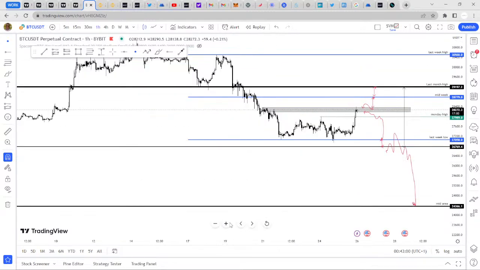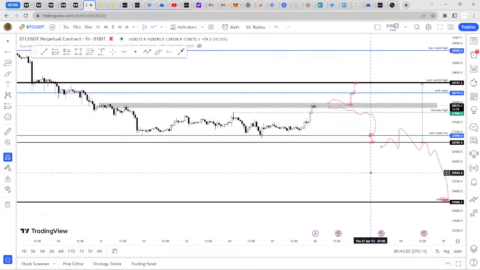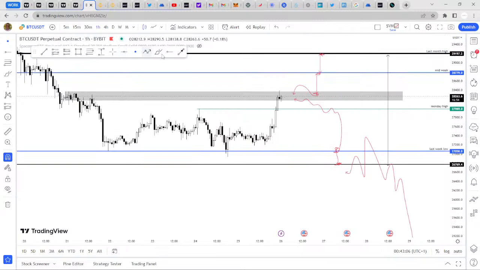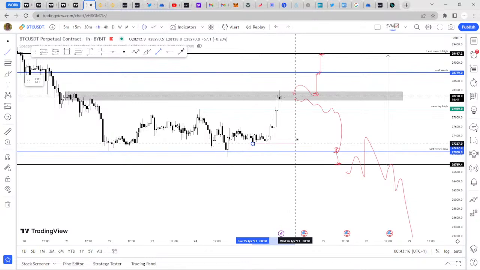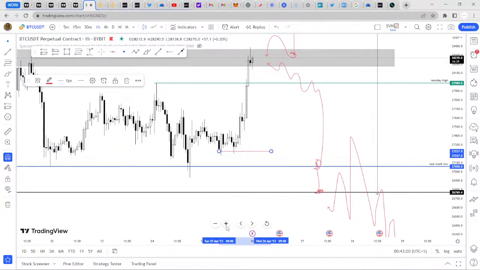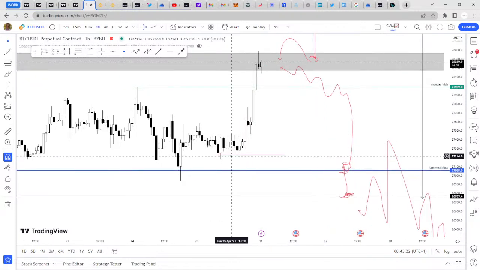So here's what I mean by swing failure pattern. Now if you look at this, we had a low here.